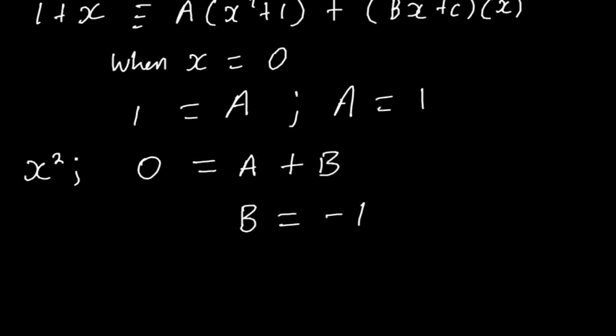And then we can also equate the coefficients of x. Now the coefficient of x, this side it is 1, equals to, for this first part we don't have any coefficient of x. Then for this we have c, so c is equal to 1.